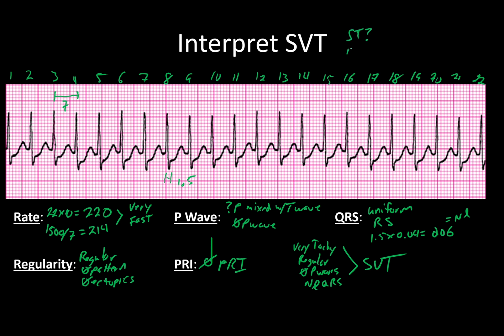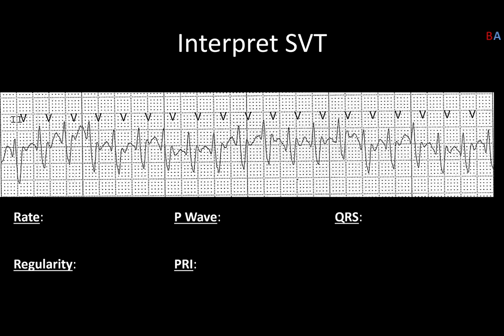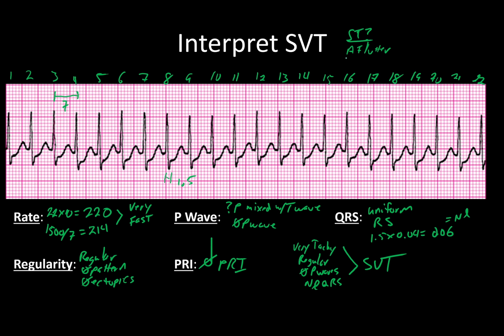Is it a flutter? There's no way for me to tell the difference between them because I can't see the P waves. So I can't use either one of these. I just have to stick with SVT. It's my best worst answer. What I will say is this though, and I'll actually write this in red because it's that important.